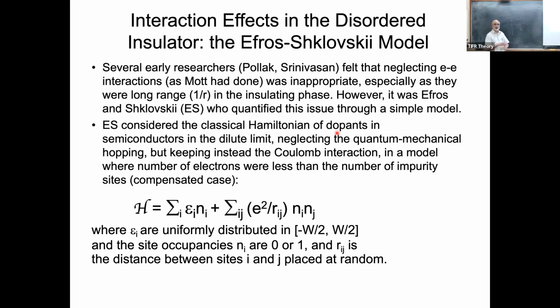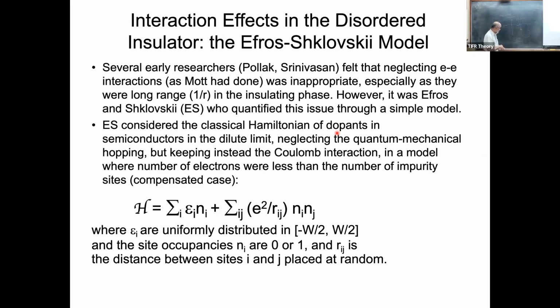But both of them questioned that. They said, this is an insulator. Interactions between electrons are Coulombic, 1/r, with a dielectric screen. They are not screened to short range. So something must be going wrong with Mott's argument in real materials. They could not understand why real materials were fitting Mott's picture. Unfortunately, both groups, Pollak as well as Srinivasan, did not really come to a decent conclusion.